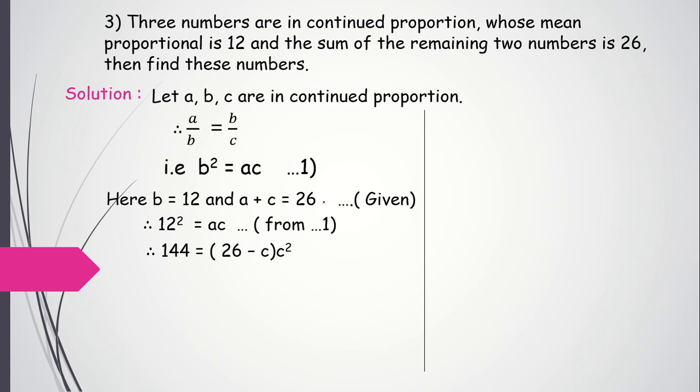A plus C is 26, therefore A is equal to 26 minus C. Okay, so in place of A we have put 26 minus C into C.